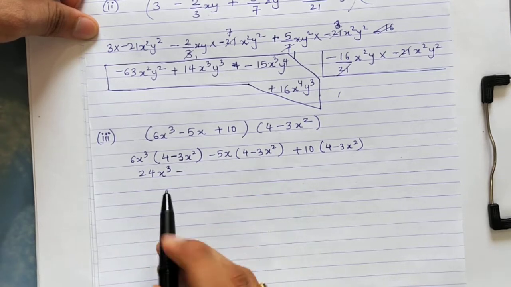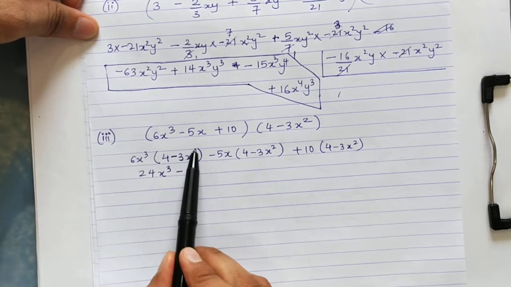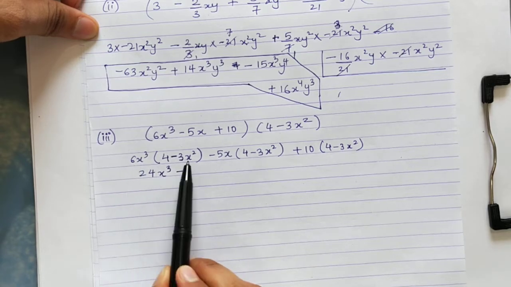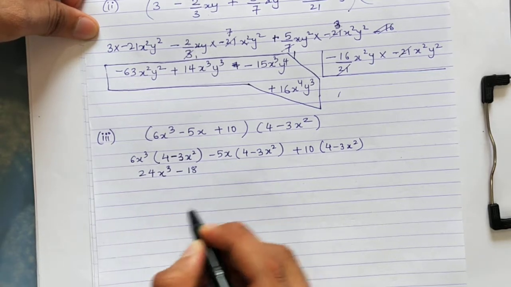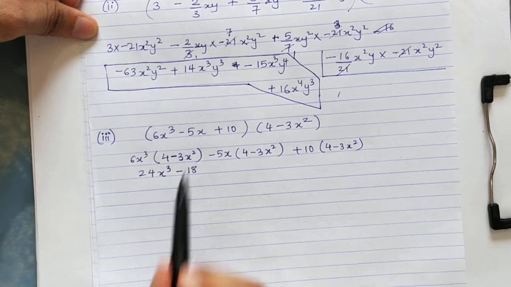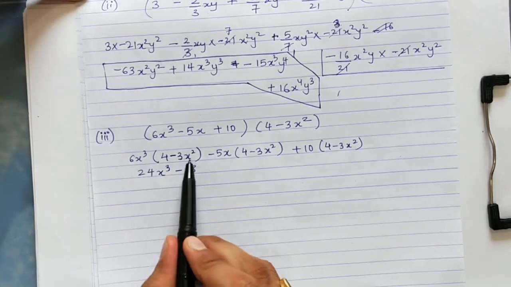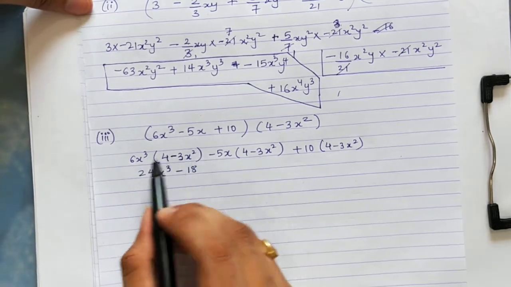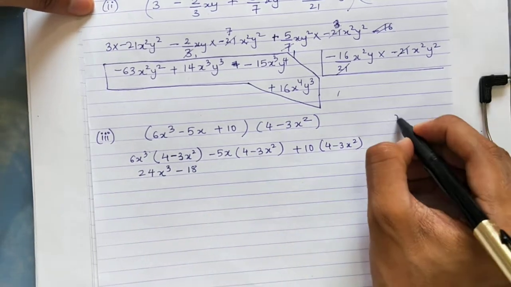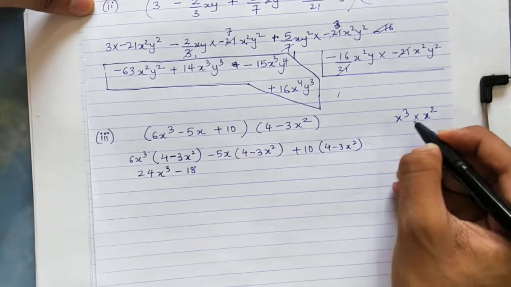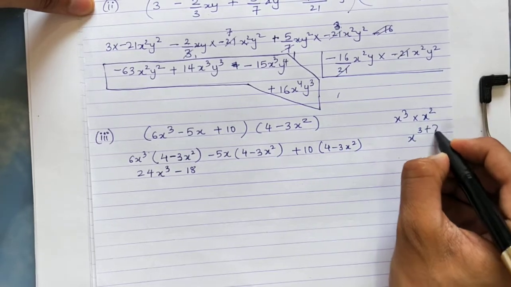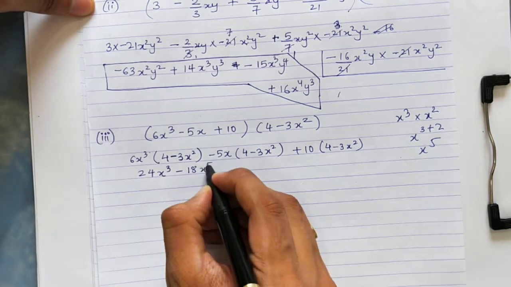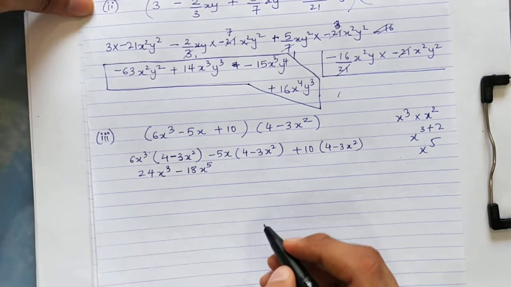Then this sign minus, 6x cube into 3x square. 6 into 3, first multiply the numbers. 6 into 3 is 18. x cube into x square, the powers 3 plus 2 will get added. x cube into x square is x raised to 3 plus 2, that is x raised to 5. So I'll have here x raised to 5.